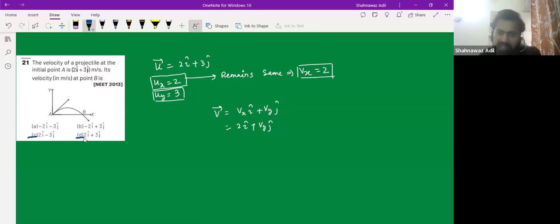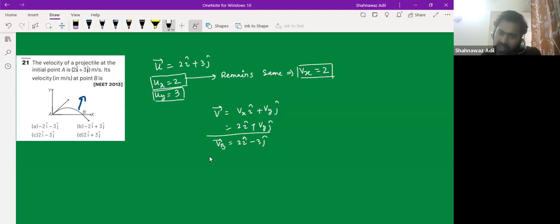But in this option, it says this is in upward direction. Plus 3j means that this is going upwards. But at point B, this is going downwards. So which would be the correct option? C or D? Can you tell me? C. C, right? So this would be minus.